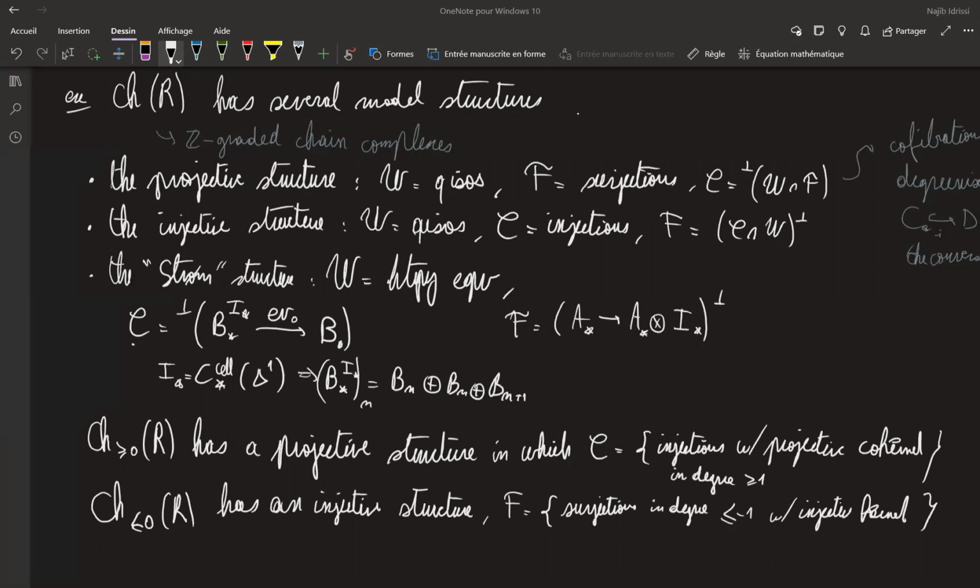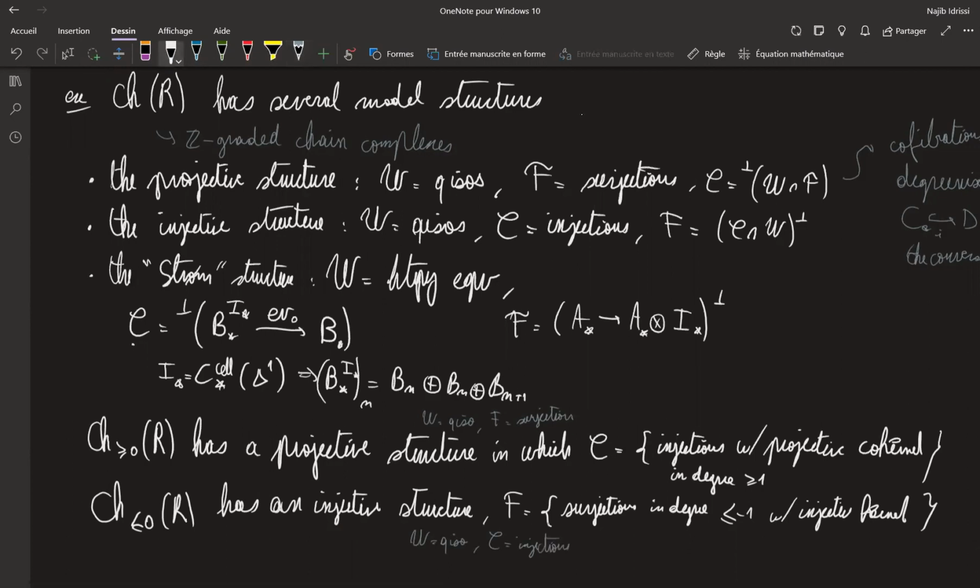What are the weak equivalences? In the last two examples, they are quasi-isos, right? So here, W is quasi-iso, and fibrations are surjections. Here, W is quasi-iso, cofibrations are injections, right?